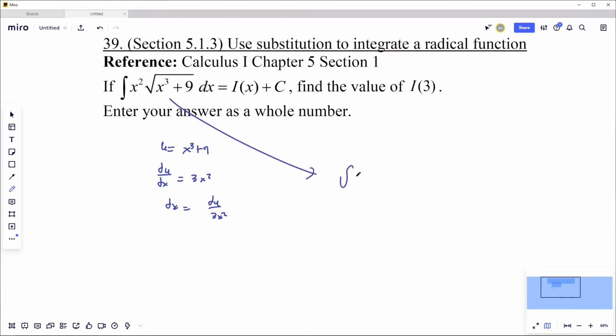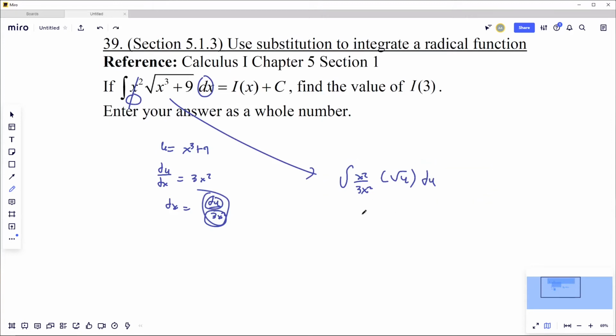So this becomes the integral of x squared over 3x squared times radical of u, because we said this is u, times du, because this is put instead of this. All I did is take the denominator and put it there just to cancel those two immediately. You're left with the du. So this is what you get now.